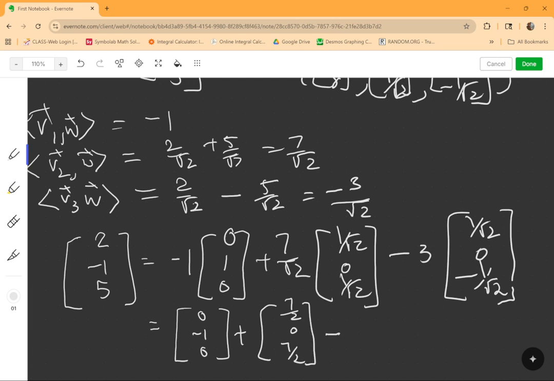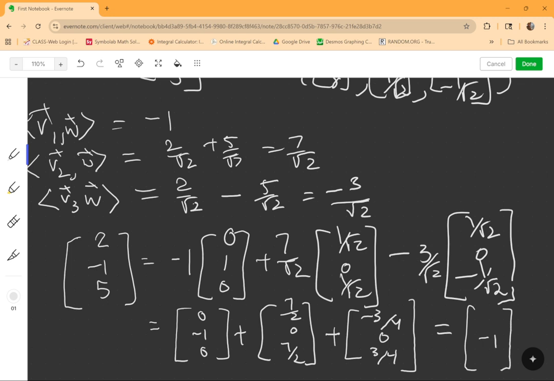And here, root 2 over root 2 is just 1, over 2, and then plus negative 3 over 2, and 0, and then the bottom one is plus 3 over 2. We can see here, adding these up, the middle one is negative 1, that one's not an issue.